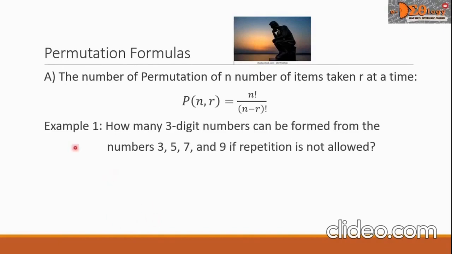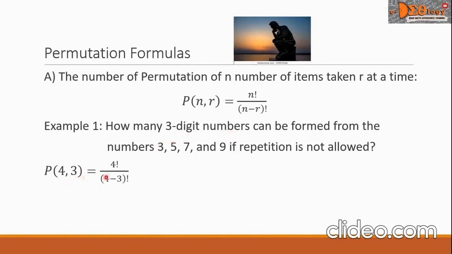Let us have example 1. How many 3-digit numbers can be formed from the numbers 3, 5, 7, and 9 if repetition is not allowed? Using this formula, let us now write P of 4, 3, because there are 4 digits, namely 3, 5, 7, and 9, and 3 is required because the required is a 3-digit number.